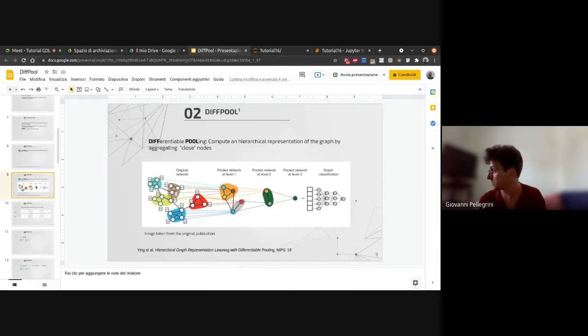Good question, very good question. To be honest, I think that is exactly what they are trying to do. You want to cluster the nodes together because maybe they share some spatial or intrinsic information. So if you cluster them, you should be able to retain some of these characteristics.